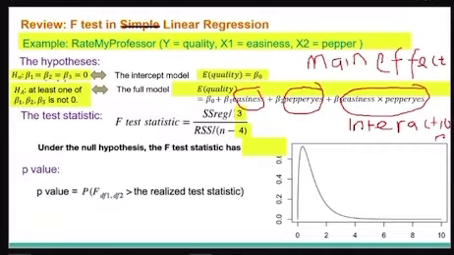Does that make sense? Now, that is the reason why in the intercept model, we know what we're trying to say. We're trying to say beta 1, beta 2, beta 3 all equal 0. All equal to 0 means quality does not depend on the main effect of easiness, quality does not depend on the main effect of PPS, and quality does not depend on the interaction.